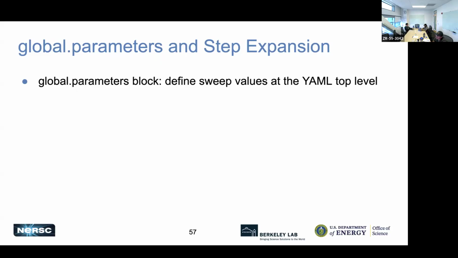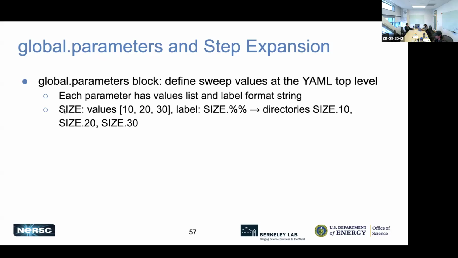So much like how you give dimensions to Signac with a set of parameters, this global parameters block gives you a way to define sets of parameters and pass them to Maestro. So you have a values list, and there's a format string for the label that will be used to refer to it as a dimension.